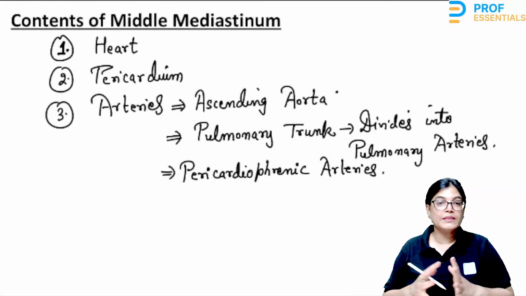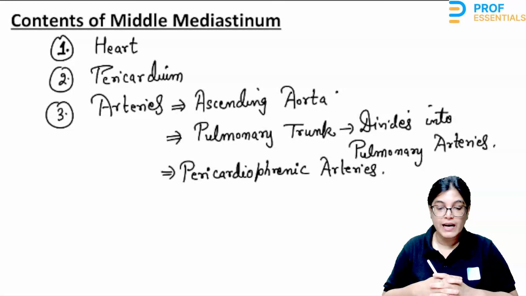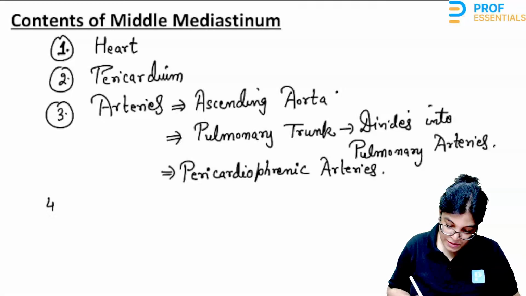Then, we have written the heart, the pericardium, the great arteries, and I also want you to write the veins, which are the content of middle mediastinum. So let's write the veins.